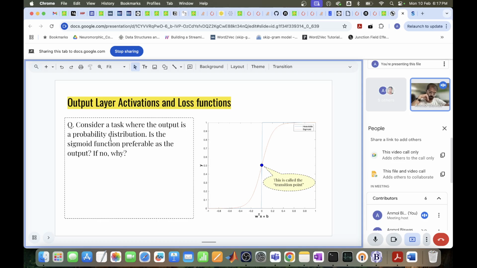And the question is, is the sigmoid function a preferable kind of output, yes or no? You can just answer the first part, and we'll anyway talk about why it is not preferable for a situation like this.